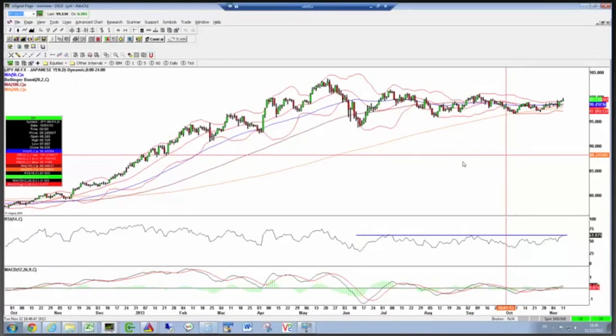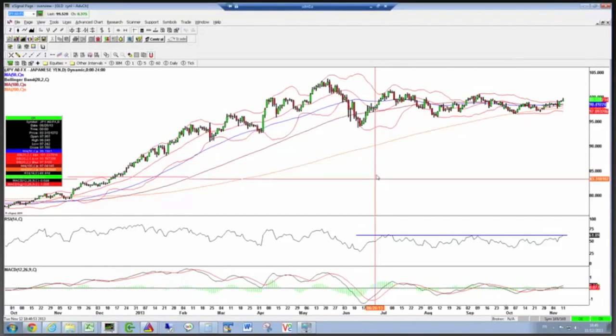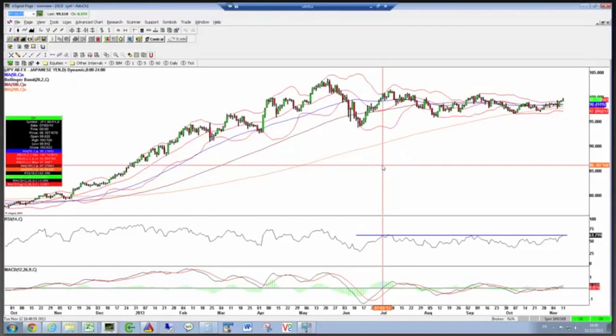So I told you that I saw an interesting configuration on the US dollar against Canadian dollar. So we have just time to see that configuration.